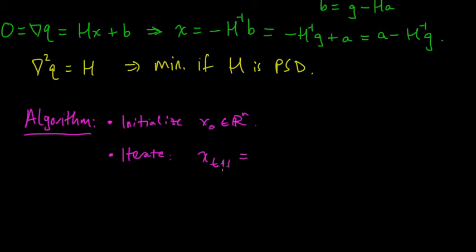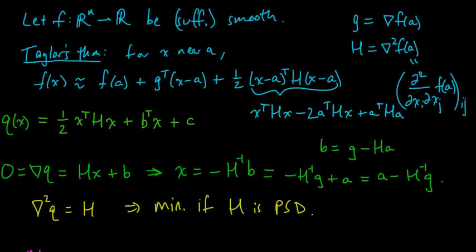Xt plus 1 equals xt, and then this thing. So if xt was our a, we were deriving this, we were expanding about this point a. So that was our old point. And we were minimizing it, and our new point, our xt plus 1, was this x.